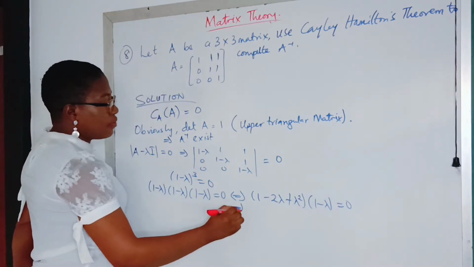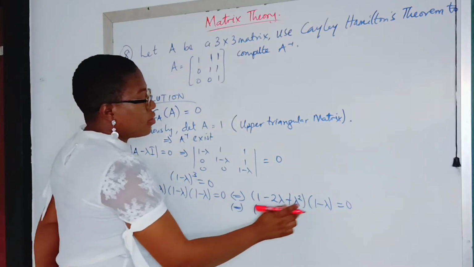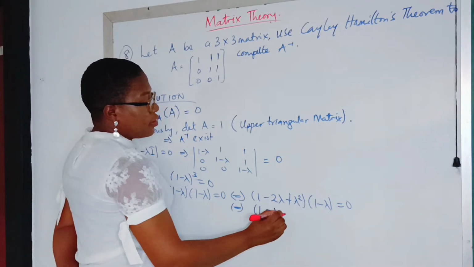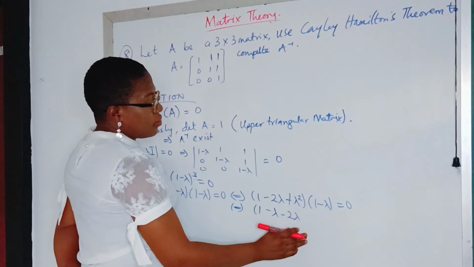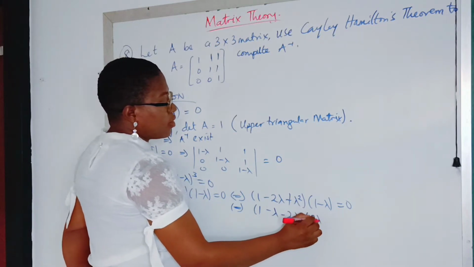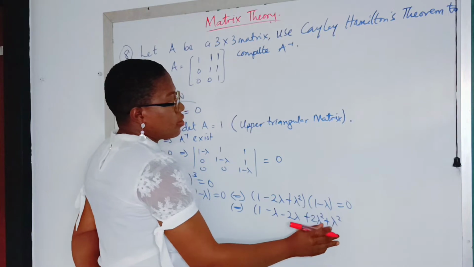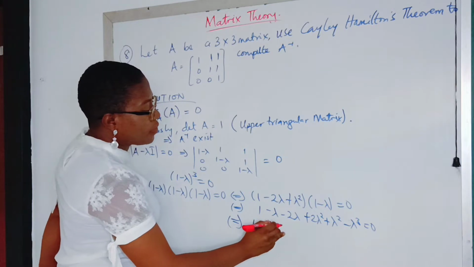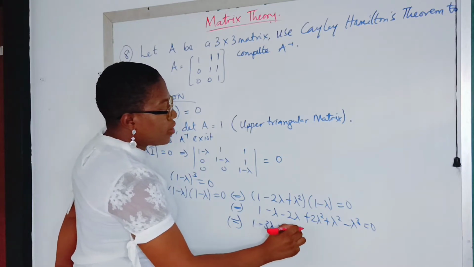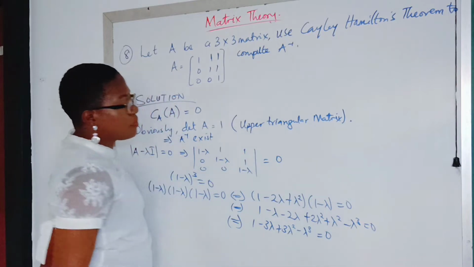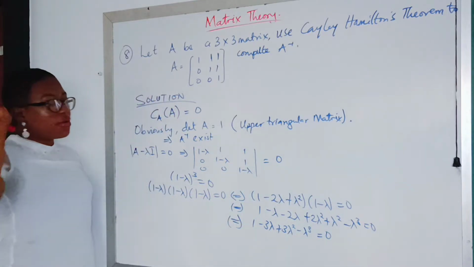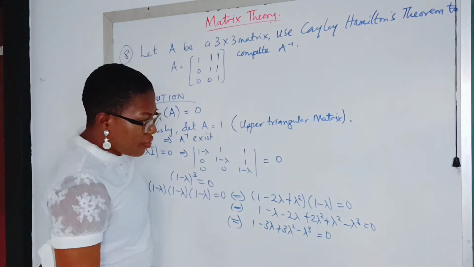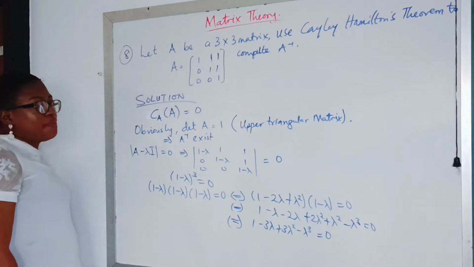So 1 minus lambda minus 2 lambda plus 2 lambda squared plus lambda squared minus lambda cubed equals 0. We have 1 minus 3 lambda plus 3 lambda squared minus lambda cubed equals 0. Ordinarily, I know this from the binomial expansion: 1, 3, 3, 1.